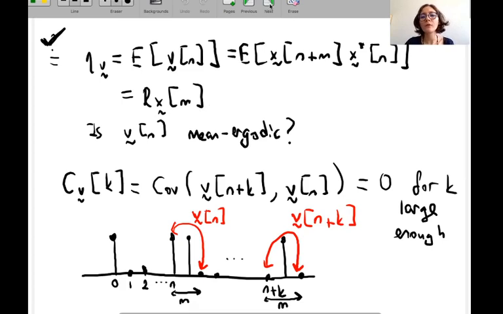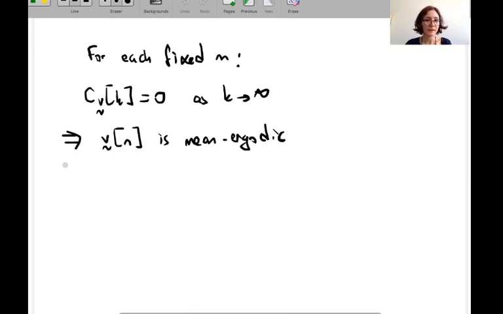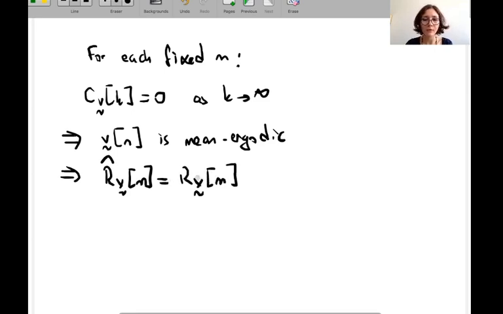So from here we conclude that the random process X of n is ergodic in the ACF. In particular, for each fixed m, we have shown this equality, the time average estimate being equal to the true autocorrelation function. Since this holds for each finite fixed m value, now we know that the process X is ergodic in the ACF.